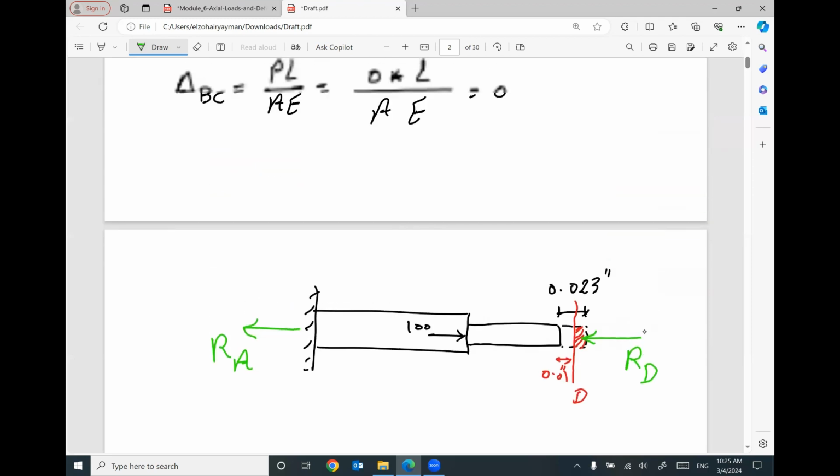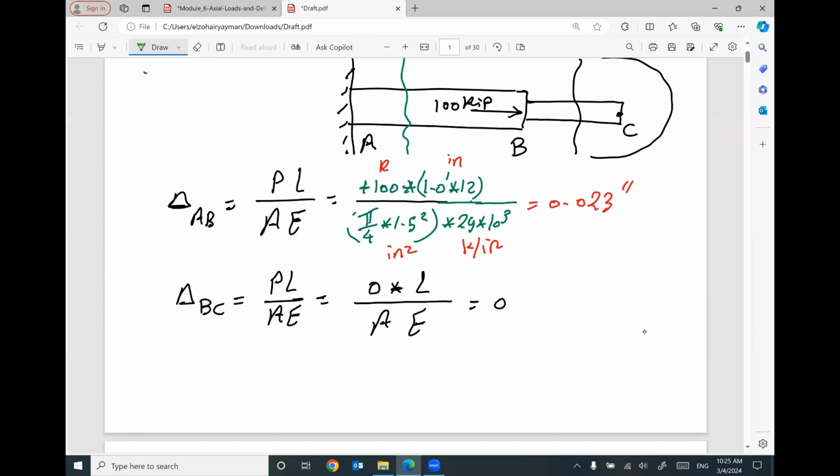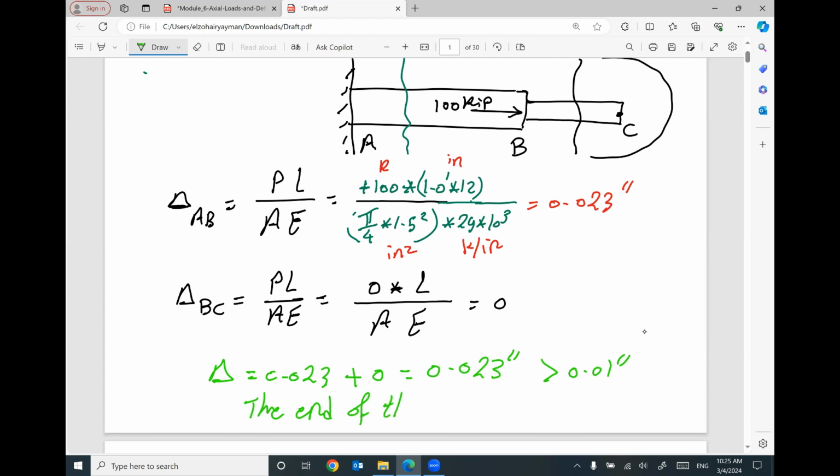So the first step I did here, the total elongation equals 0.023 plus 0 equals 0.023 inch, which is greater than 0.01 inch. So the end of the shaft will hit the wall.